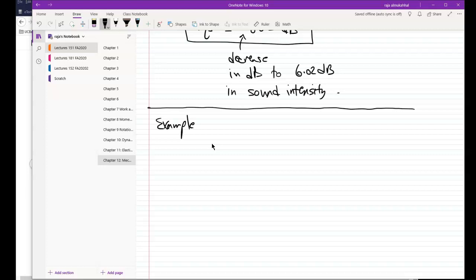Basically, it says, let me write it down for you. You have a very interesting example. It says you have a noisy machine in a factory that produces 80 decibel. Okay, you can imagine this is a very loud machine, 80 decibel, okay? It is a loud machine.